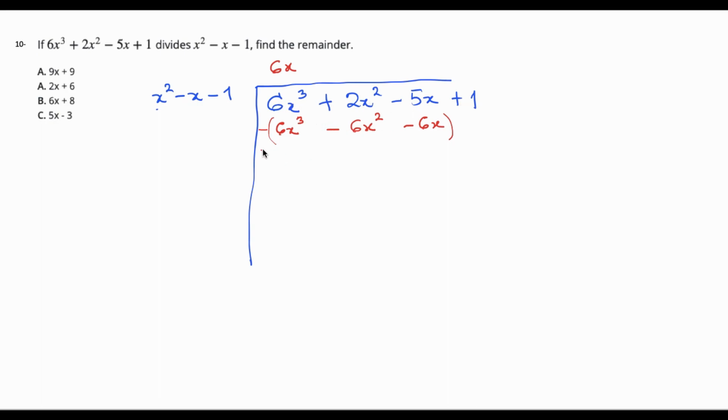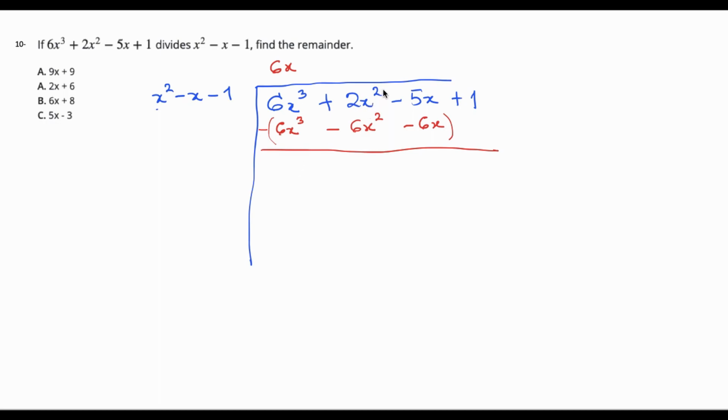So if you do that, don't forget this subtraction is going to have an effect on all of the terms here. So this is going to be plus 6x² now, because you multiply it by this minus, and this is going to be plus 6x as well. So 6x² minus 6x², nothing is left, that's 0.